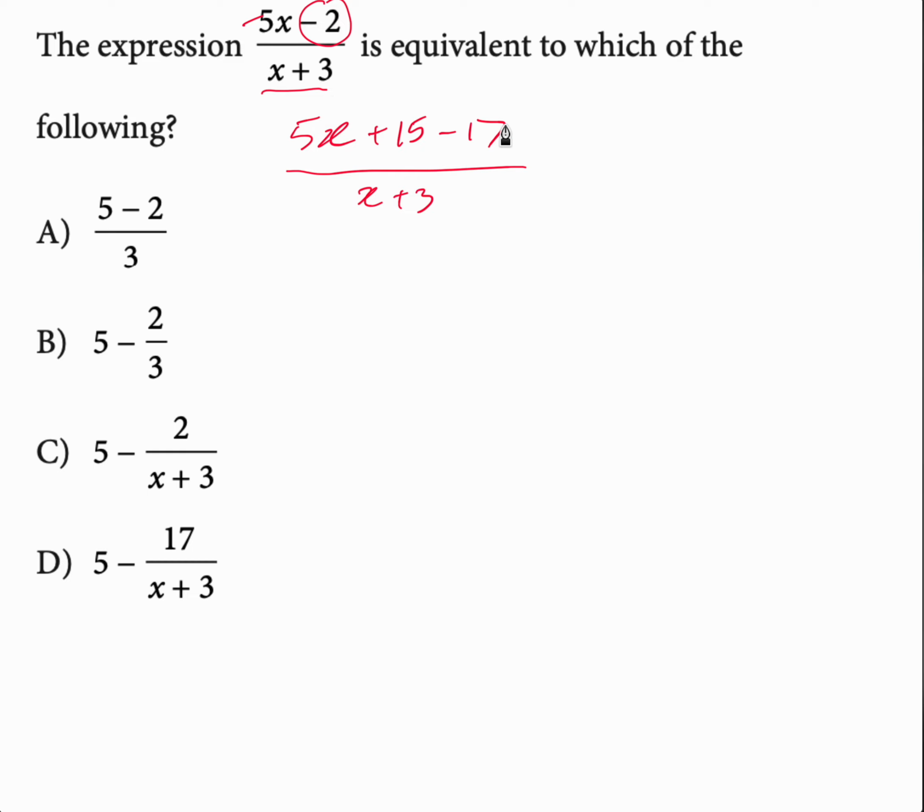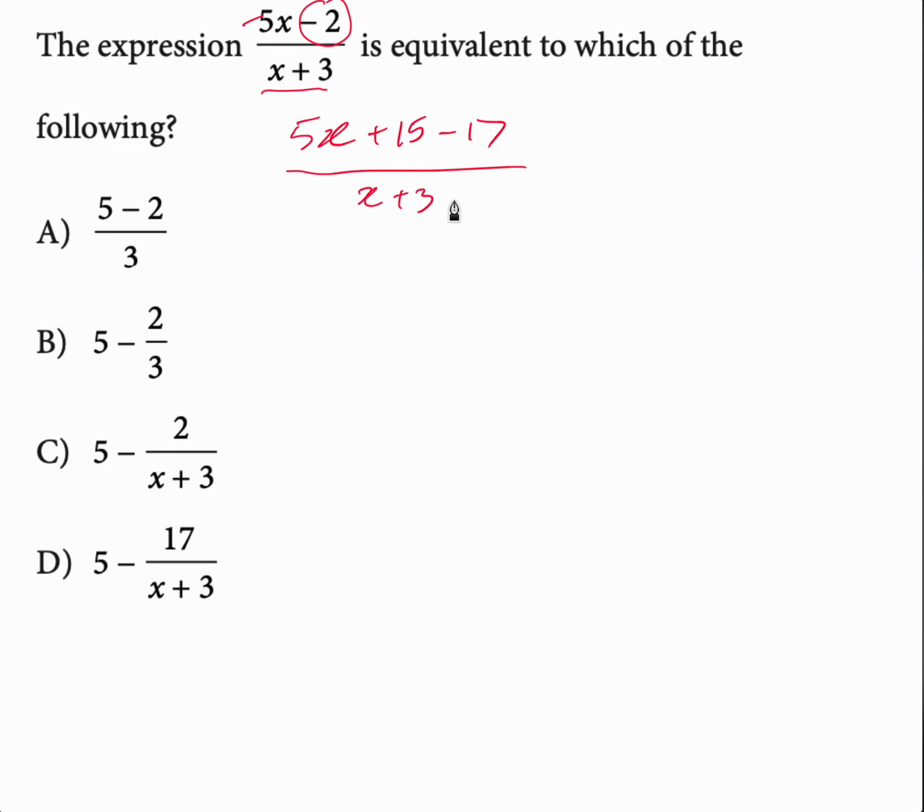So now this expression is the same thing as the expression in the problem, it's just that I broke the negative 2 into something I can simplify. That's the whole point about simplifying an expression: you have to come up with something to simplify it.